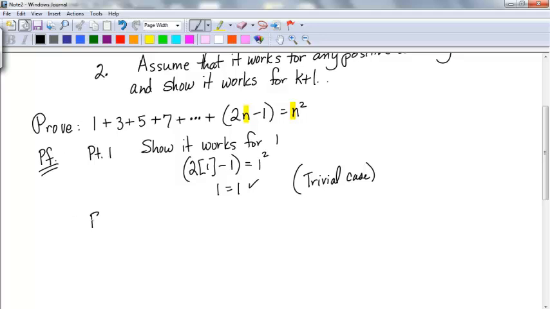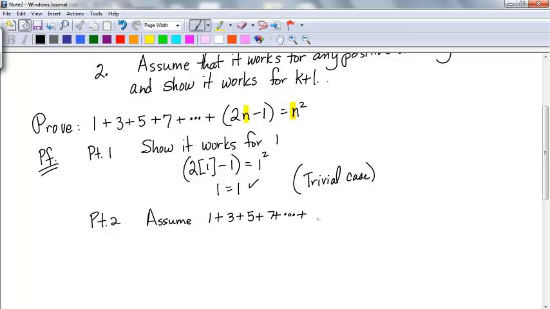Okay, part 2. Now this wording doesn't have to be word for word, but it's got to be close enough that it means the same. By the time you get through the homework, hopefully you will have written this enough times that you have it memorized. Assume 1 plus 3 plus 5 plus 7 plus, show the 3 dots, plus 2k minus 1 equals k squared.